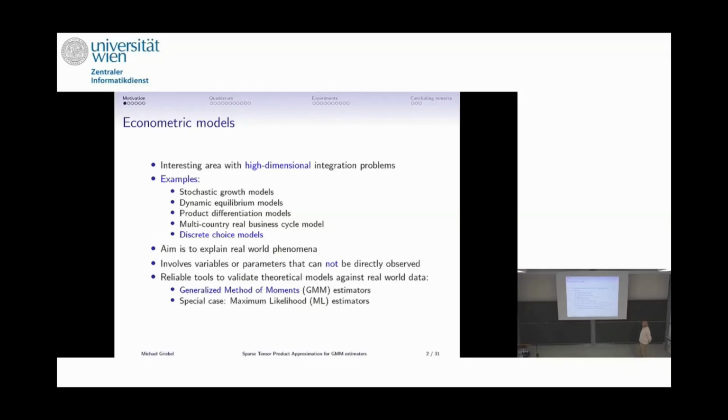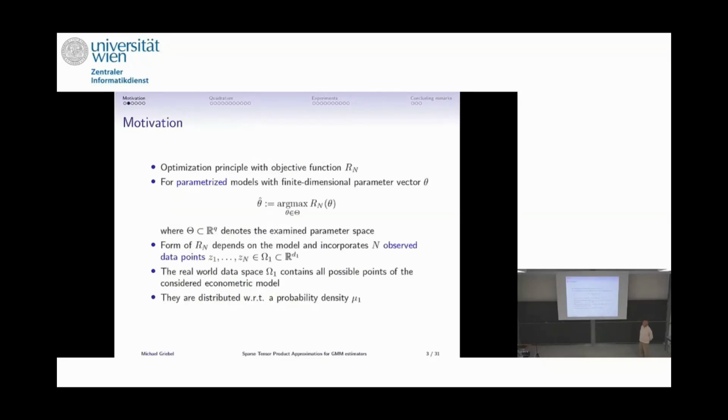And this involves variables or parameters that cannot directly be observed and somehow have to be estimated. They need tools to validate their theoretical models against real-world data. And this is done by the Generalized Method of Moments estimators. And the special case, which you are most probably more familiar with, is the usual maximum likelihood or log likelihood techniques. Okay? So this is what we are after.